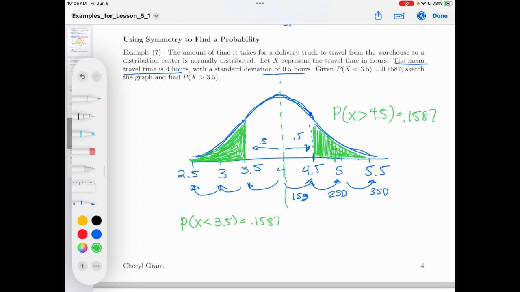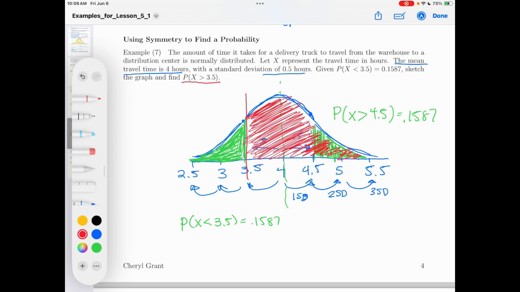The question, however, is asking us for the area under the graph that's greater than 3.5. Everything greater than 3.5 I'm going to put in red. So that's all of this. So that whole area represents the probability that X is greater than 3.5. We know that the total area under the curve is 1 or 100%.